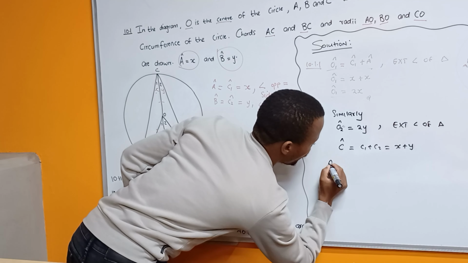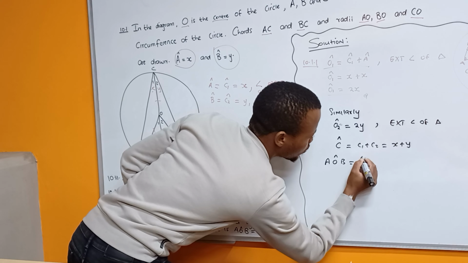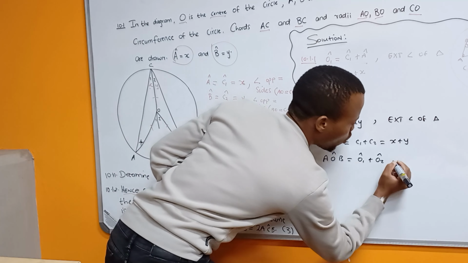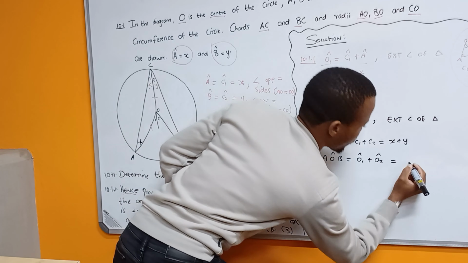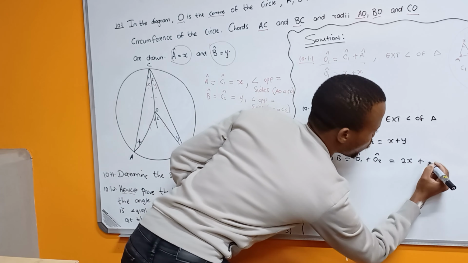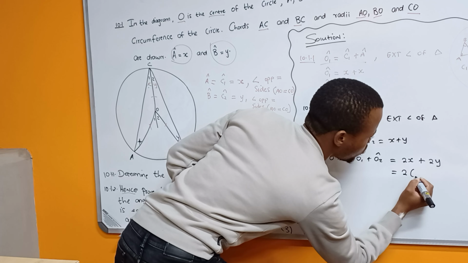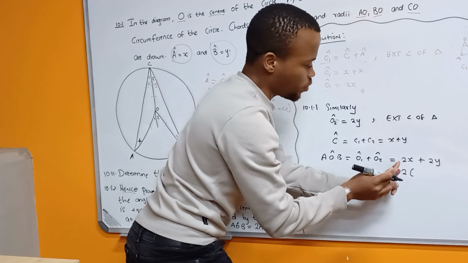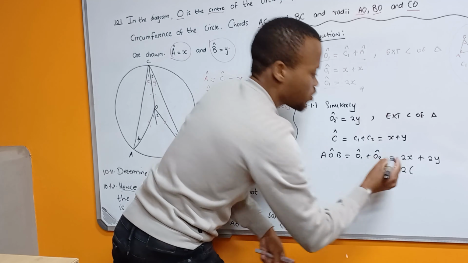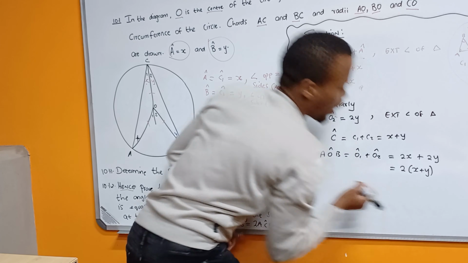My AOB is equal to O1 plus O2. And I know O1 is equal to 2x and O2 is equal to 2y. I can factor out 2 because 2 is here and 2 is also here, separated by the plus. If I factor out 2, I'm left with x plus y.